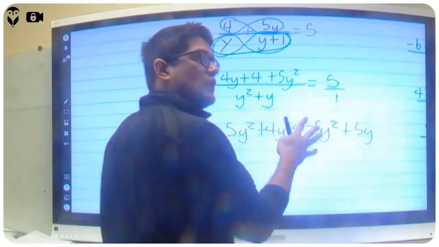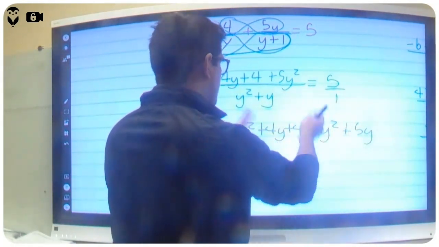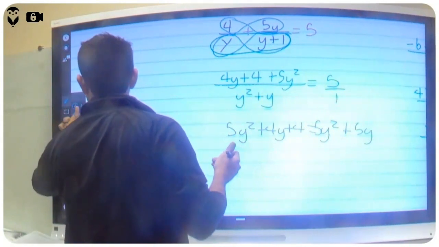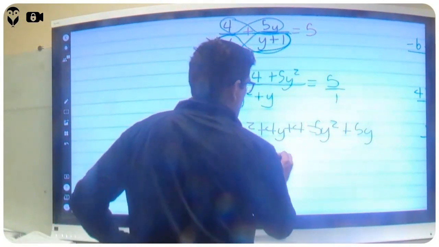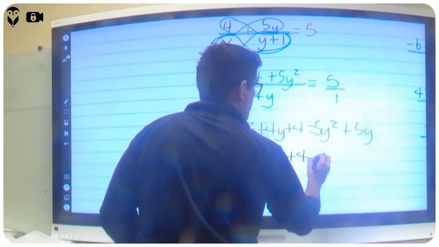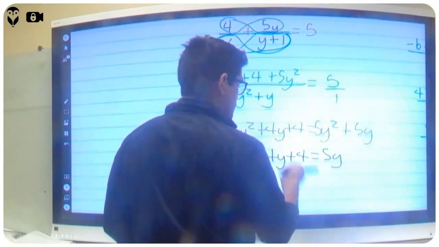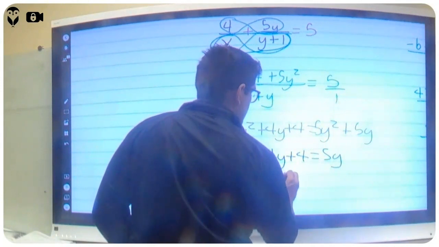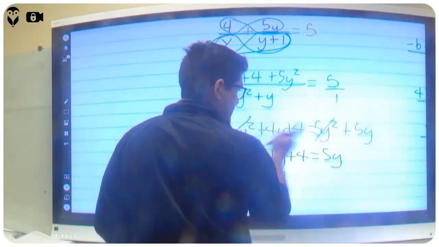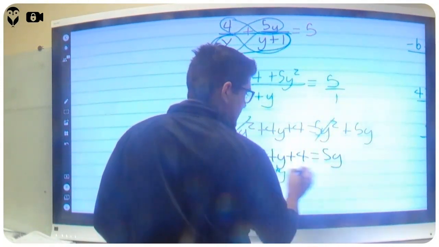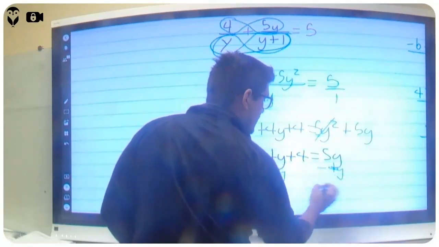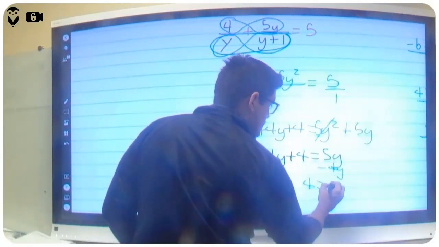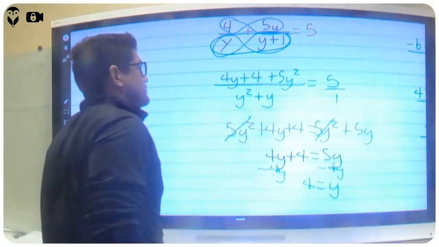So it looks long for a second, but 5y squared minus 5y squared leaves me with 0. So now I'm back with just 4y plus 4 equals 5y. Subtract 4y from both sides. Subtract 4y. So I canceled this and this and that first one. I subtracted. So minus 4y minus 4y, 4 equals 5. We're done.